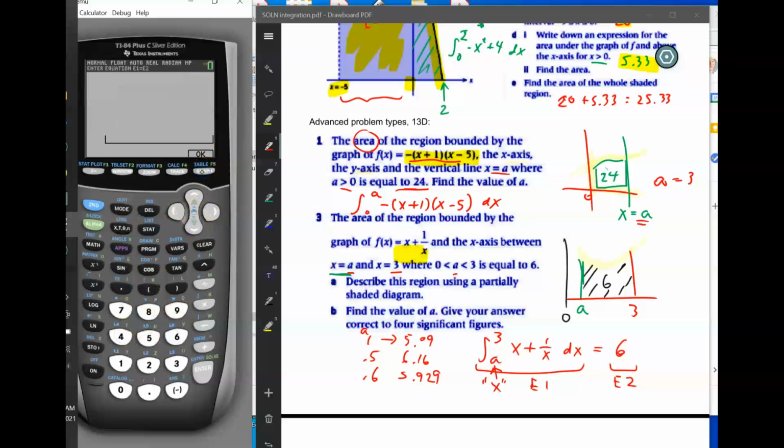Then we say okay. On top of this value here, we type alpha solve. I think it's thinking. And there's the answer, 0.569.